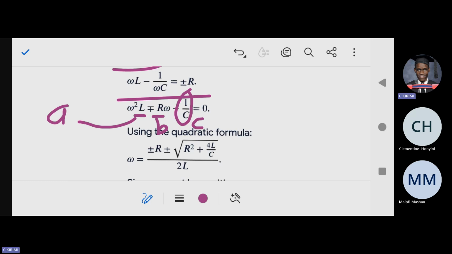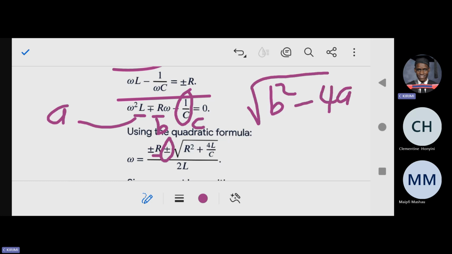So when they say minus b, it means minus plus or minus r, since this is your b. Obviously, for the equation it means 2 roots, plus or minus the square root of b squared minus 4ac.